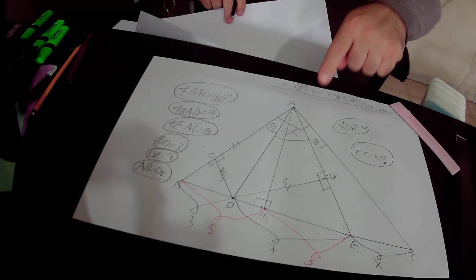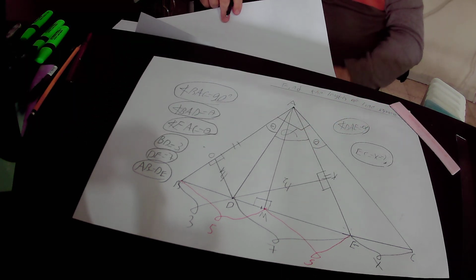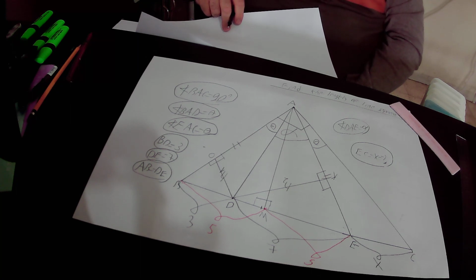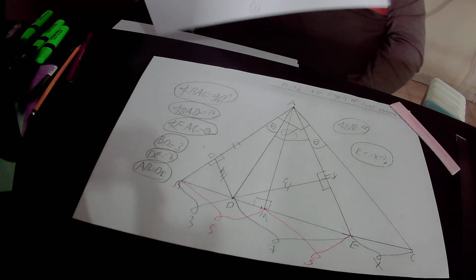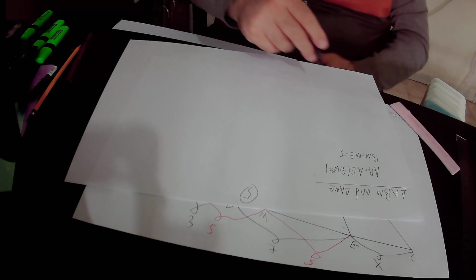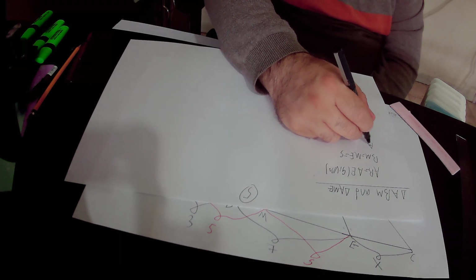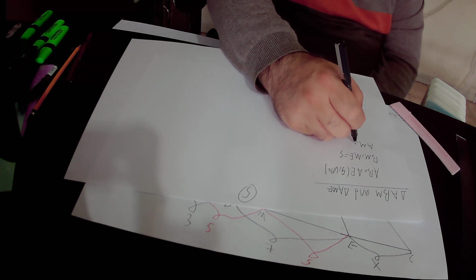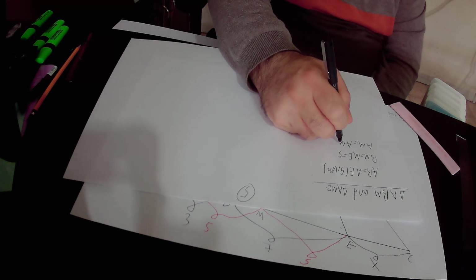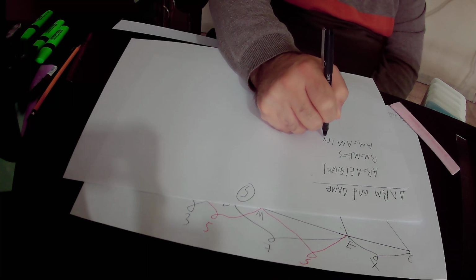And AM is the common side, it belongs to both triangles. So AM equals itself, AM is a common side that belongs to both triangles.